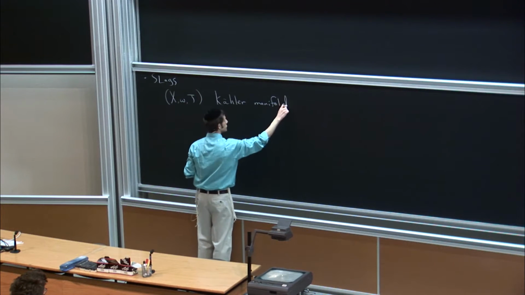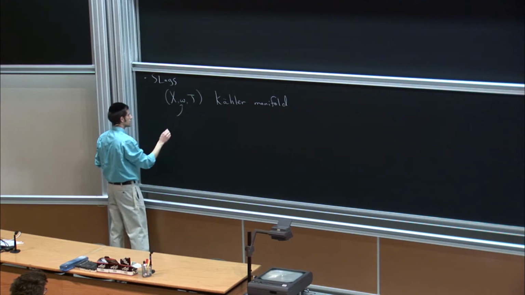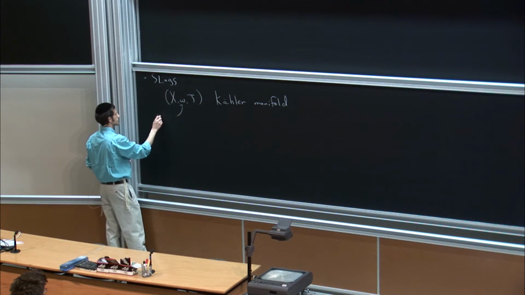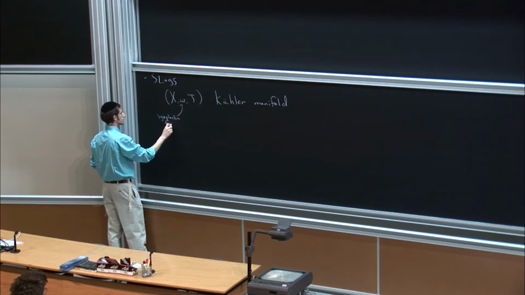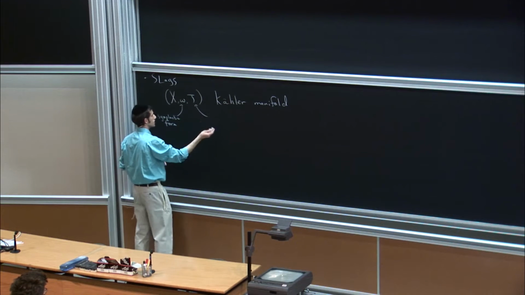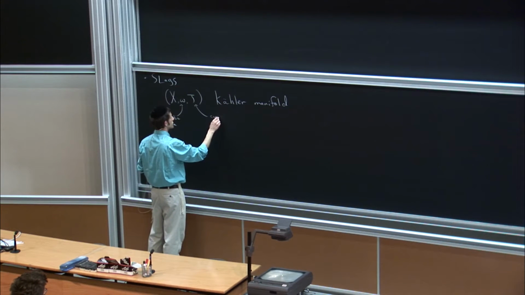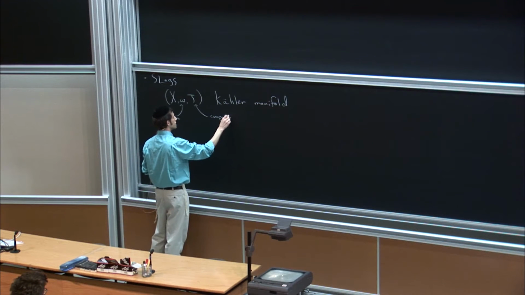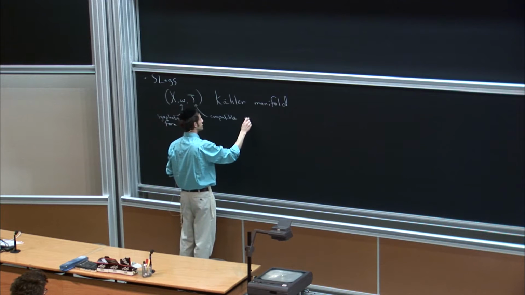Here, as a symplectic geometer, I think about omega as the symplectic form, and J as a compatible, not almost, complex structure.